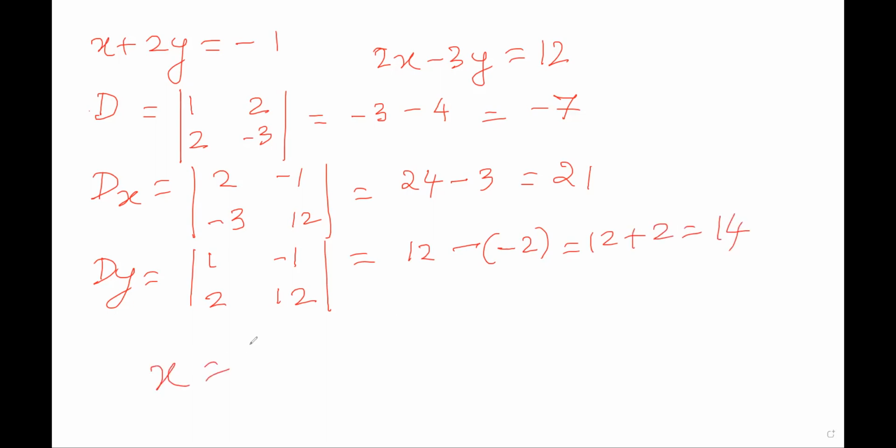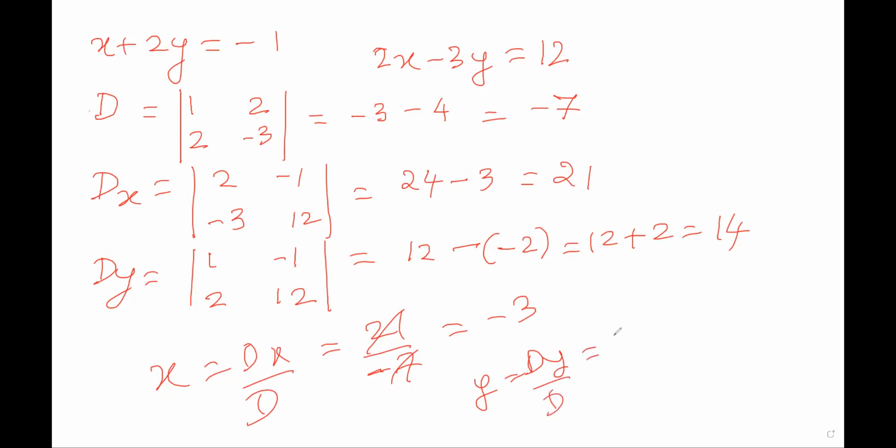What about x? X will be Dx upon D, which is equal to 21 upon minus 7, which is nothing but minus 3. What about y? Y will be Dy upon D, which is 14 upon minus 7, which is 7 twos are 14. So this is minus 2. So the answer is what? x, y equal to minus 3 and minus 2.